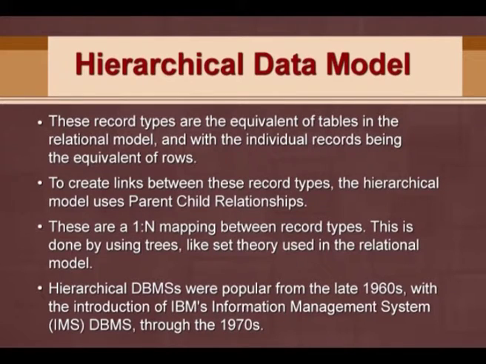These are one-to-many mappings between record types, and these hierarchical databases were popular in the 1960s. So, whenever we had the database concept in place in the 1960s, this model was derived, and this was introduced by IBM in that particular system or project.